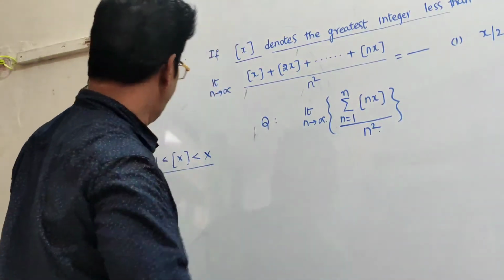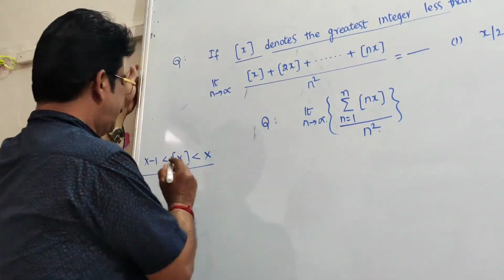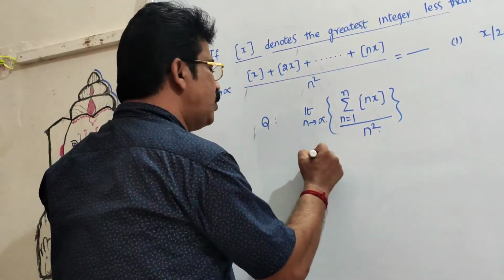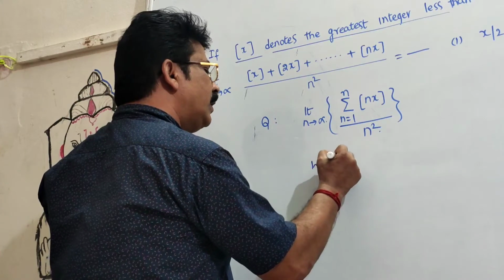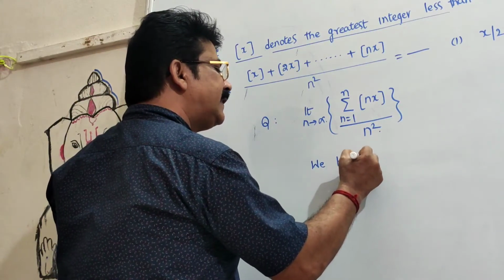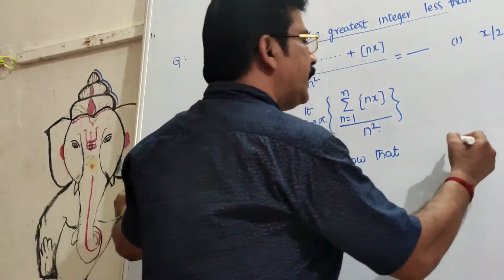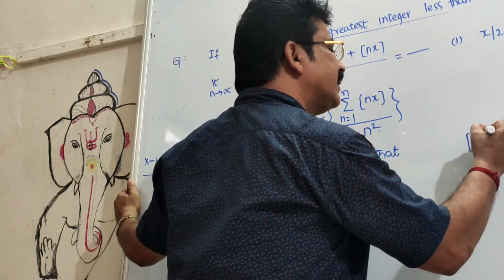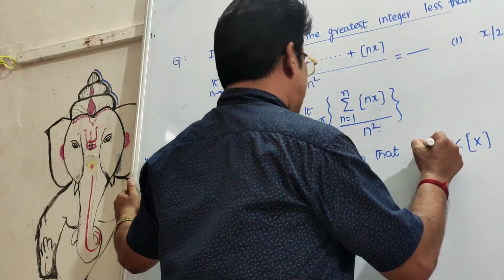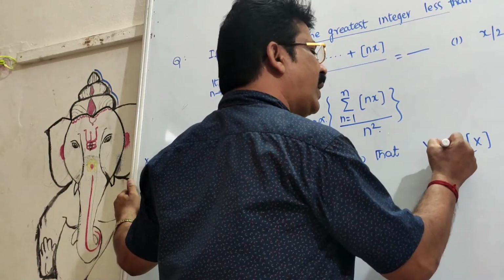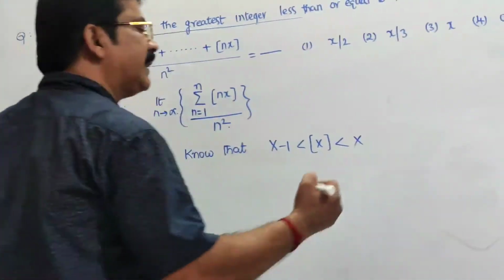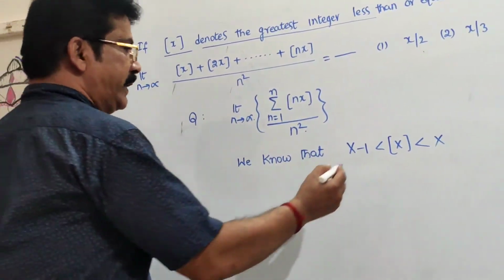So similarly, we know that box of x in general, x minus 1 is less than box of x, which is less than x.